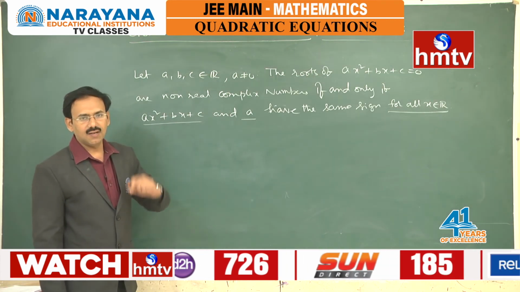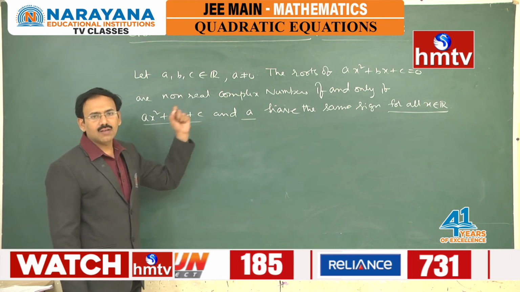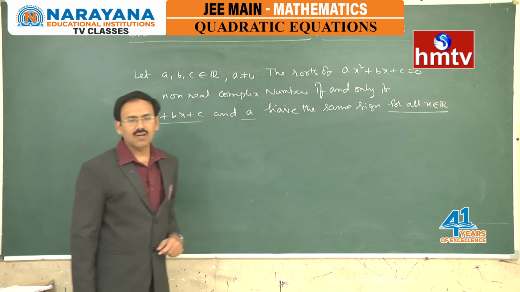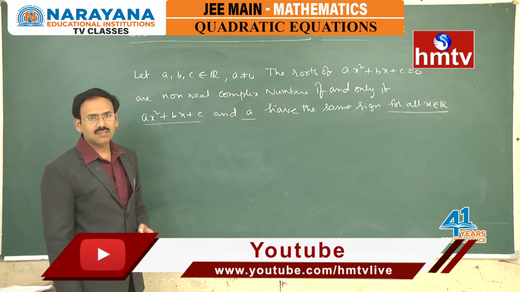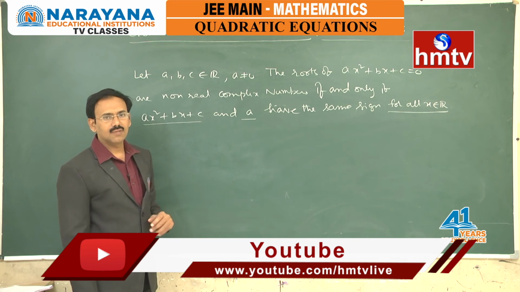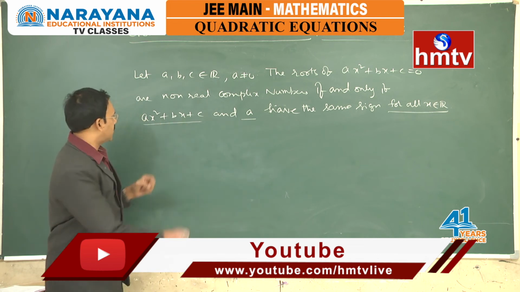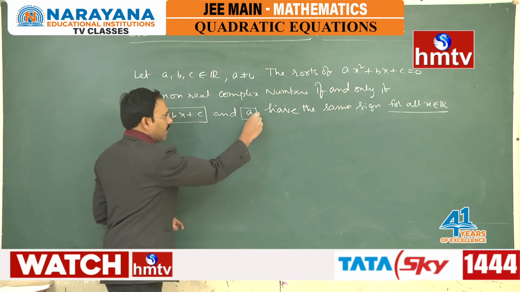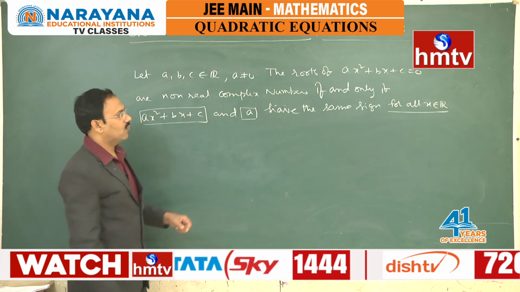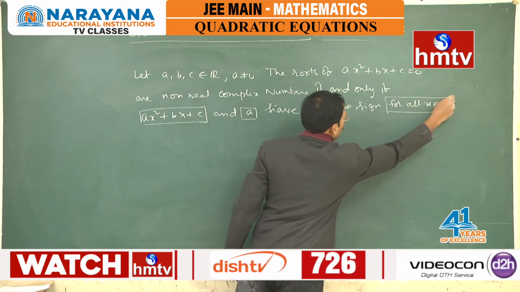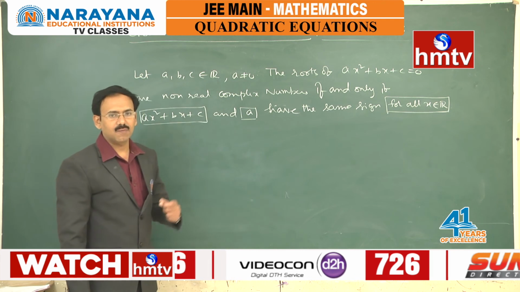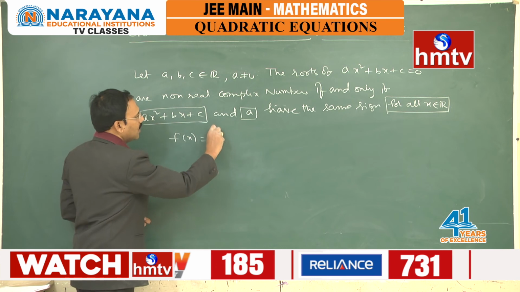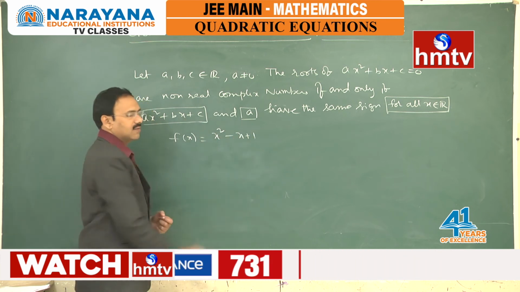Let us see this theorem. If a, b, c belong to R such that a is not equal to 0, and the roots of this quadratic equation are non-real complex numbers, that is delta is negative. In that case, this expression ax square plus bx plus c and a will have the same sign for all x belongs to R. What is the meaning of this particular statement? You have taken an expression f of x is equal to x square minus x plus 1.